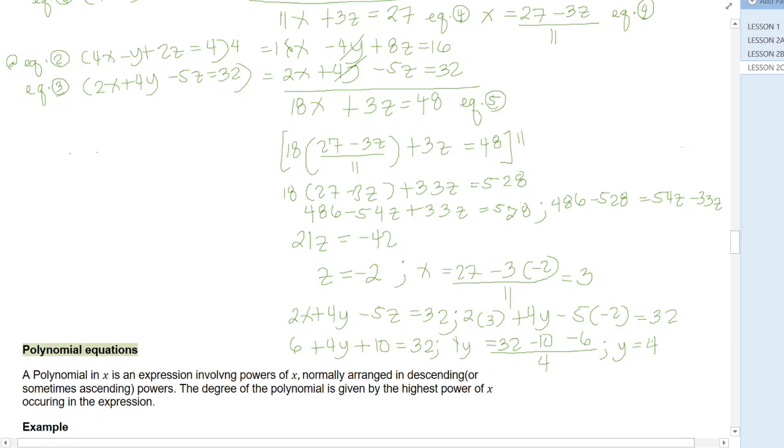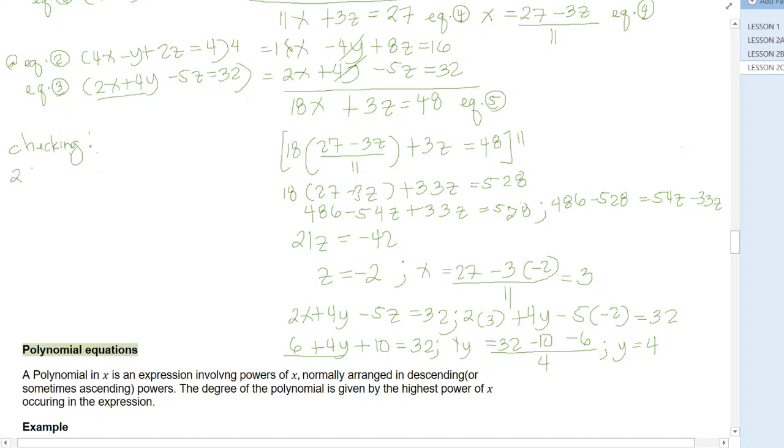If we are going to check that, let us get again the third equation. For your checking, that should be equal to 32. So for your third equation, let us just copy that one.